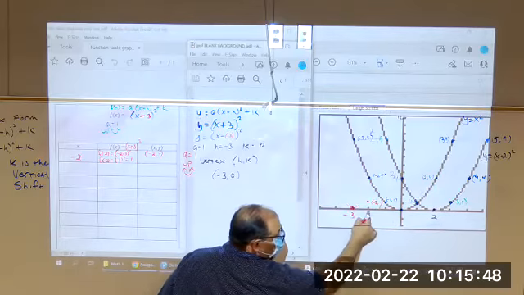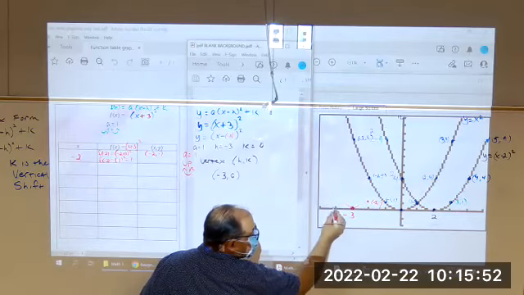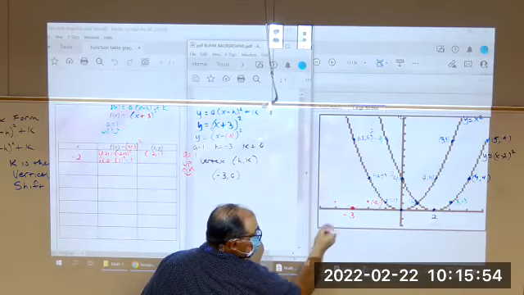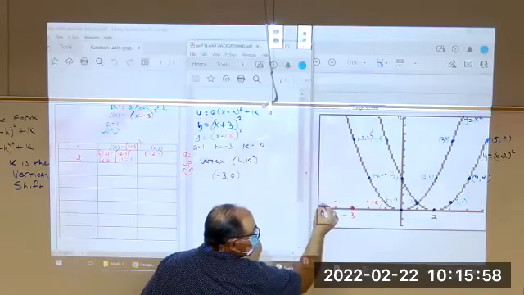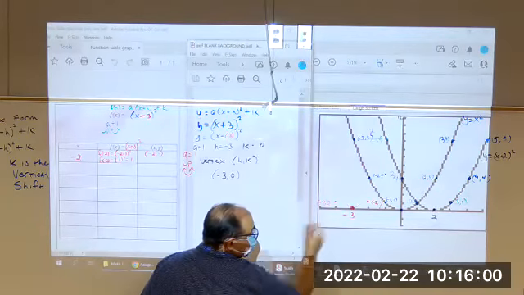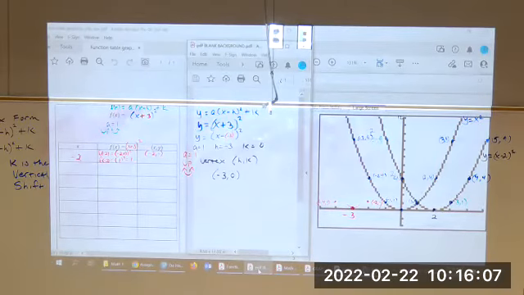So 1 to the right gives me +1, so that means 1 to the left is also going to give me +1. 1 to the left, this is -3, this would be -4, +1. Symmetry, because you know what the vertex is: 1 to the right of the vertex, 1 to the left of the vertex.